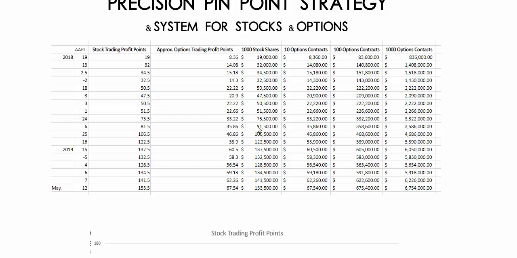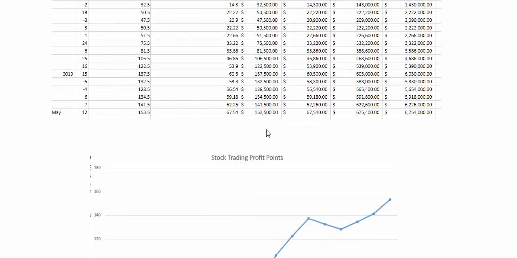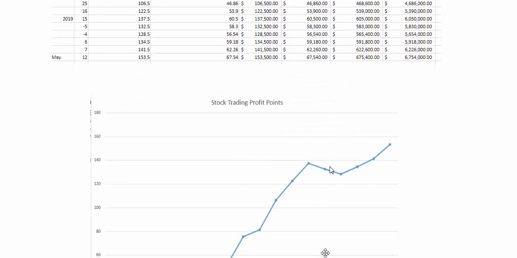Now, one thing of note, we did not add the compounding. In order to properly trade this system according to our rules, we would increase our position size as our account grew. So you would see much more profit here in terms of 10 contracts, 100 contracts, or 1,000 contracts, because the account kept growing, so our position size would have kept growing, and you would have seen charts that look more straight up.